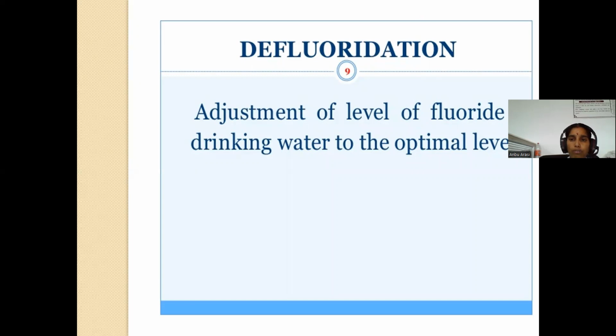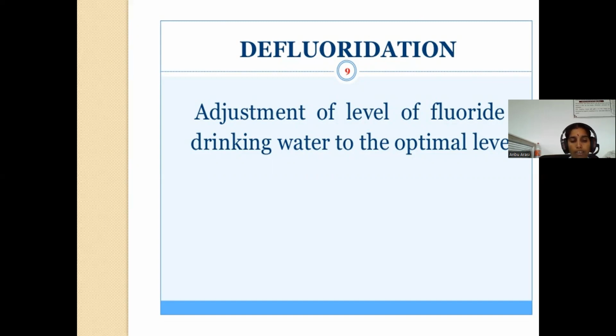Defluoridization. Adjustment of level of fluoride in drinking water to the optimum level is called defluoridization. Presence of some quantity of fluoride is necessary in water. In certain terrain, the groundwater contains less fluoride because of the soil mineralogy, which causes adverse effect to teeth, as fluoride helps reduce cavities in teeth of children.